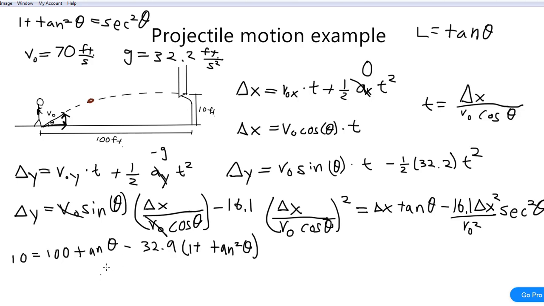From this, 0 equals, we have to subtract negative 10 to this side, and then we have 32.9 also over here, and that's our constant in the end. So minus 10 to here, and we get negative 42.9. That's our C value, plus 100 L, now writing L instead of tangent, and then minus 32.9 L squared.